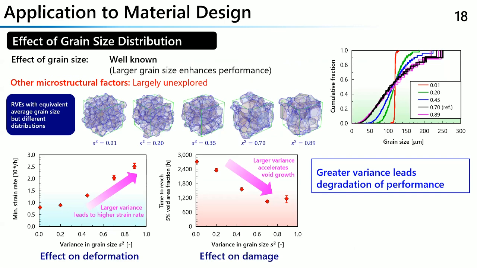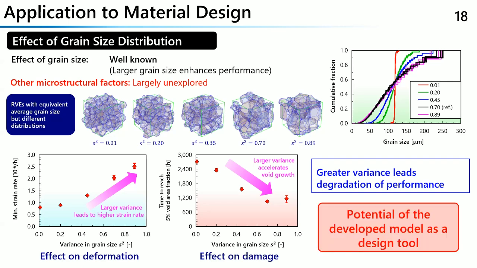So we investigated the effect of the grain size distribution using the RVEs with equivalent average grain size but different distribution like this. As a result, we found that greater variance leads to degradation of the performance in any case. So these results demonstrate the potential of the developed model as a design tool.